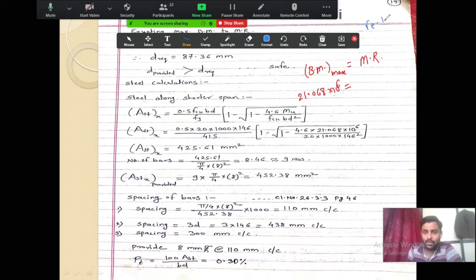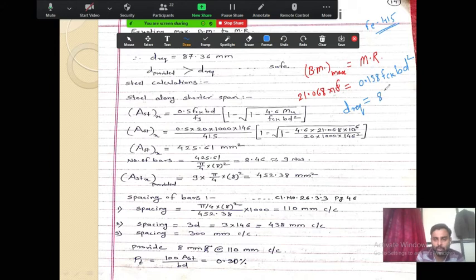Fe415 grade of steel is there. For Fe415, the coefficient is 0.138 fck b d square, and from this you can calculate the required depth for this bending moment to resist. That required depth works out to be 87.36 mm, which is calculated over here.